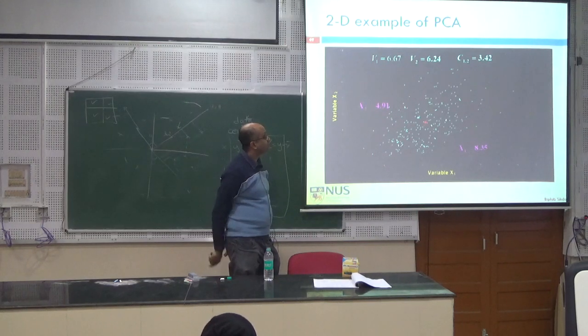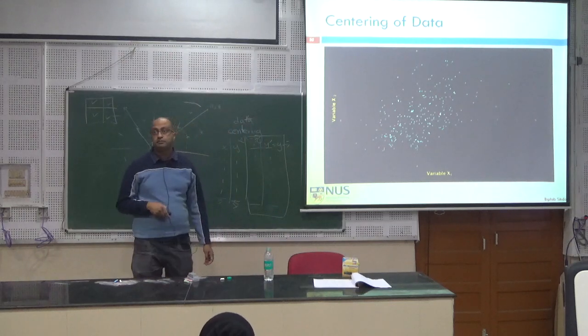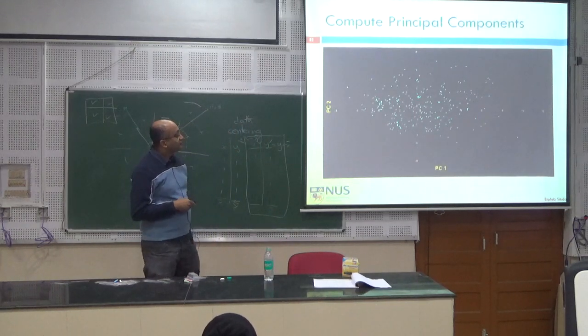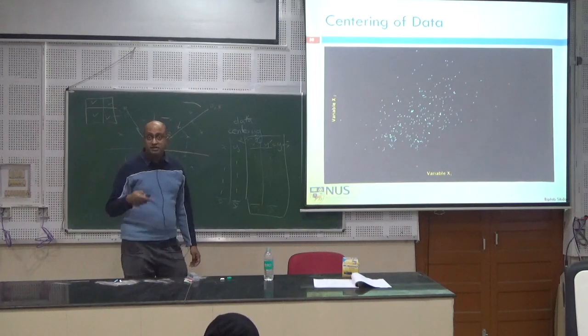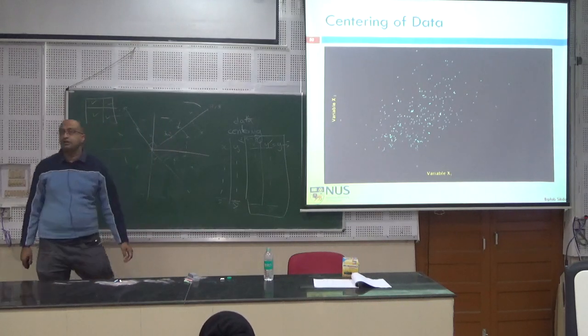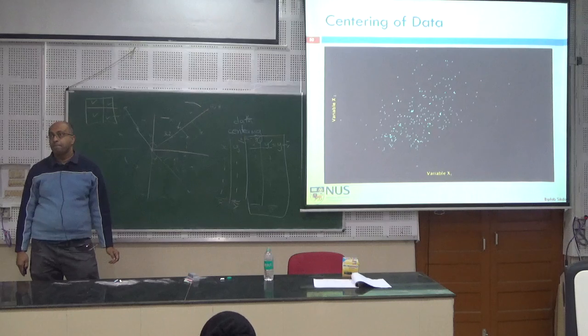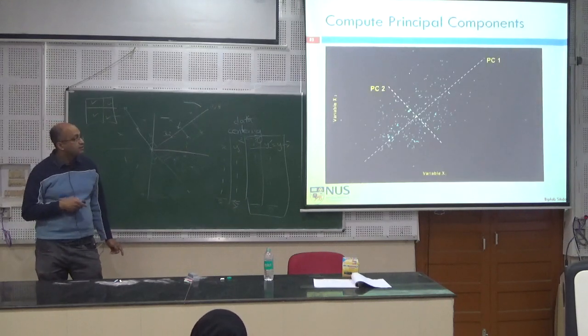Okay. Now I can subtract it out. Once I subtract it out, from the covariance and correlation matrix I can figure out what the eigenvectors and eigenvalues are. And those will be my important axes.